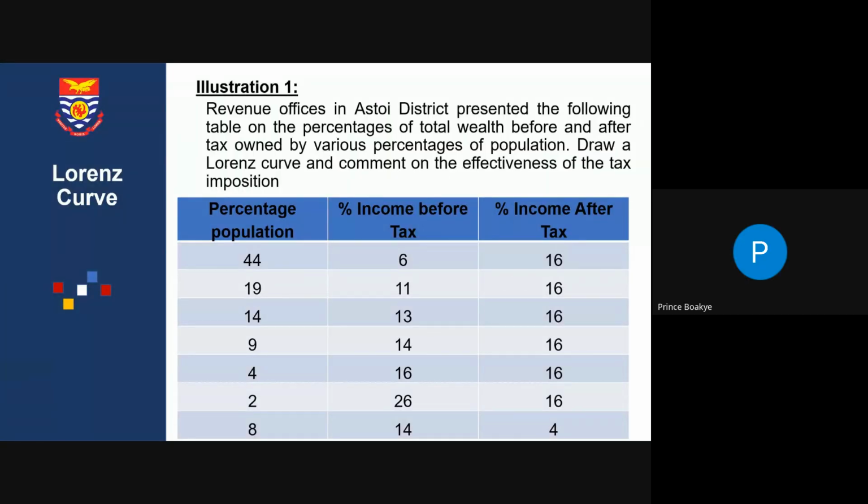Please, Doc, my question has to do with the rounding after converting the population or the income into percentages. Assuming you get a decimal number, how are you going to round it up?